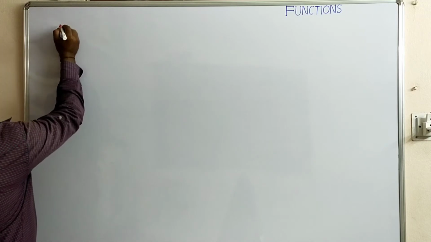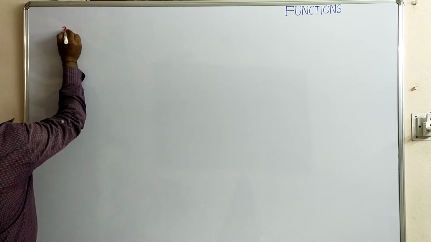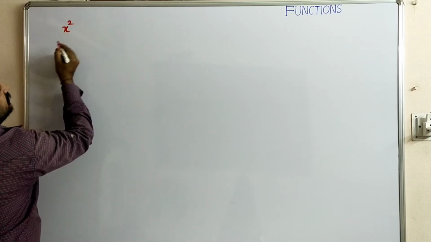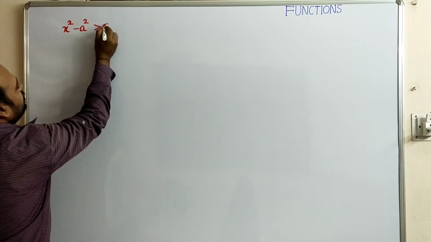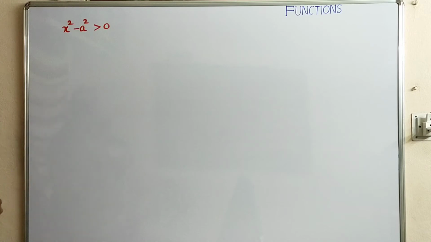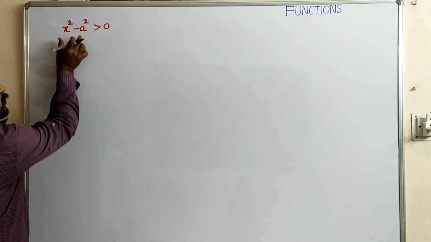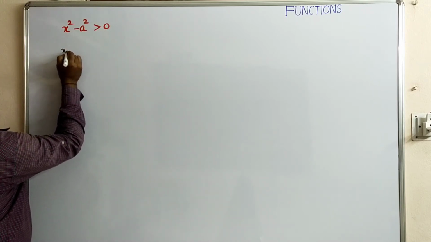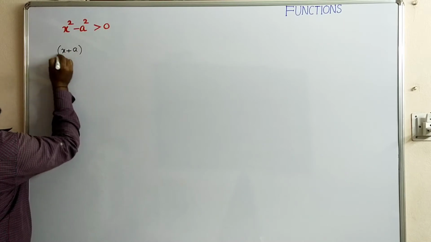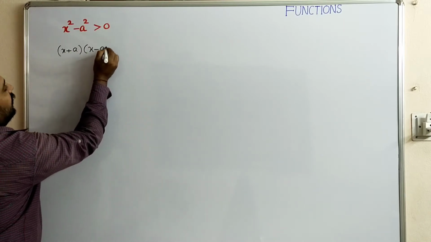Suppose x square minus a square is greater than 0 is there. X square minus a square we can express as x plus a into x minus a is greater than 0.